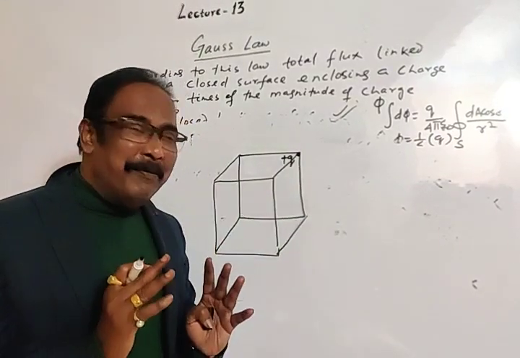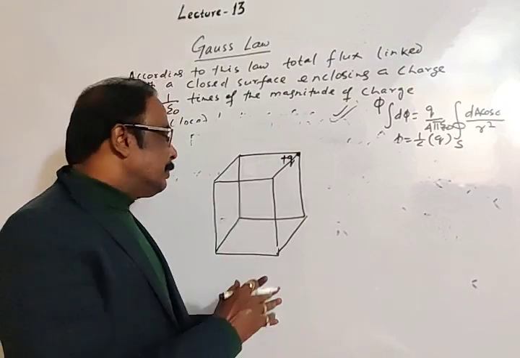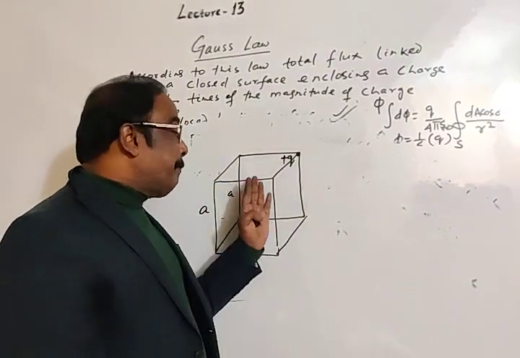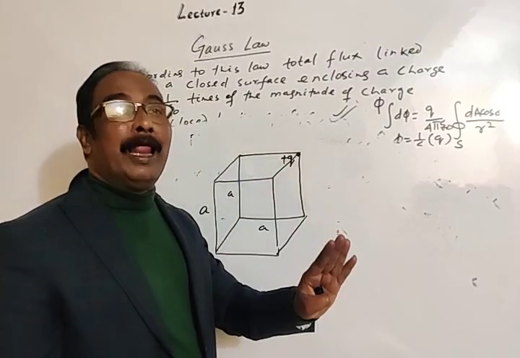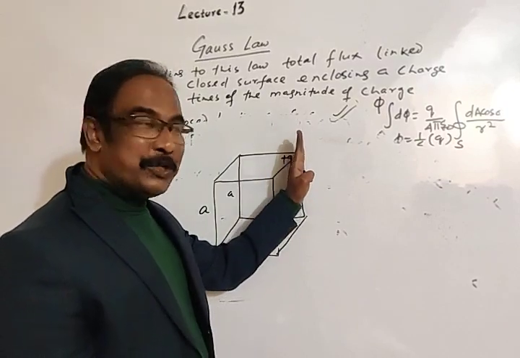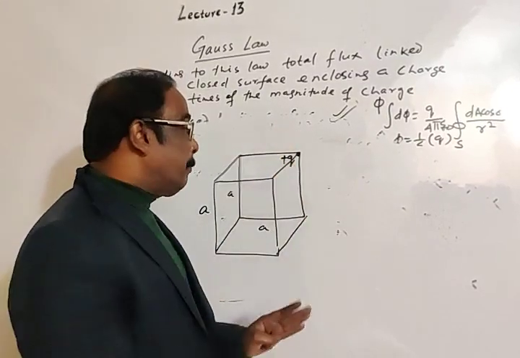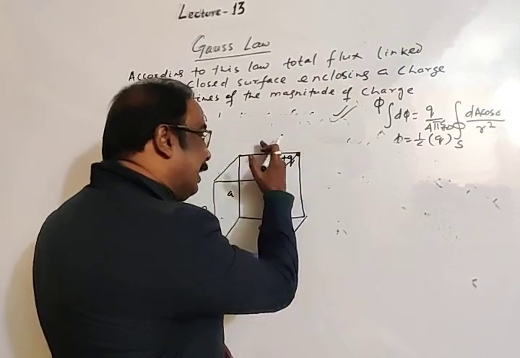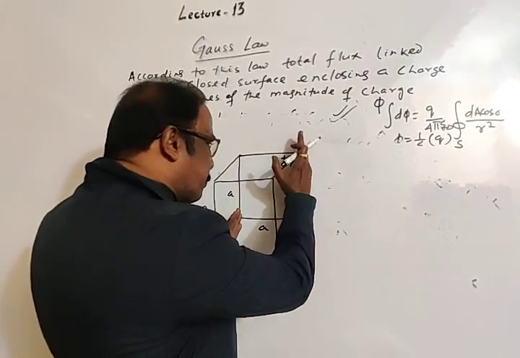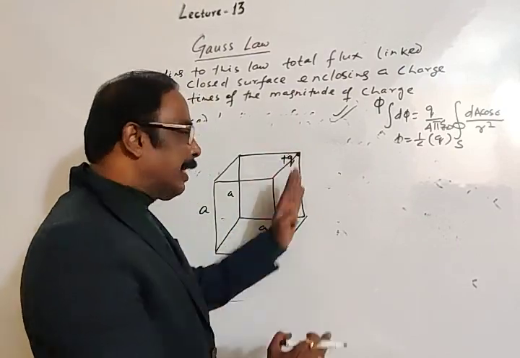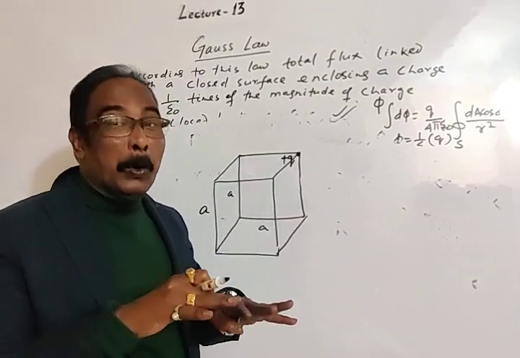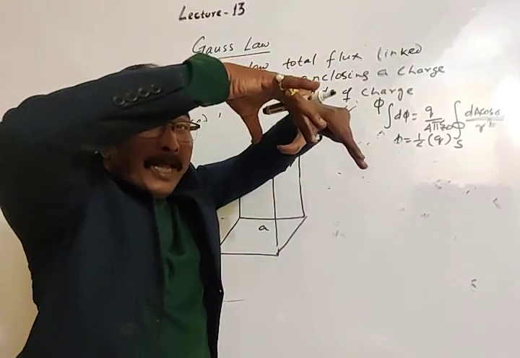To get this answer, let's imagine this is a cube. Keep identical cubical surfaces adjacent to this corner. We can put 3 identical cubes touching this corner, so then we have 4 cubes.